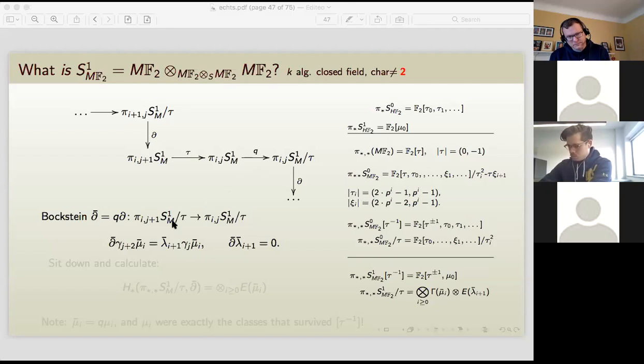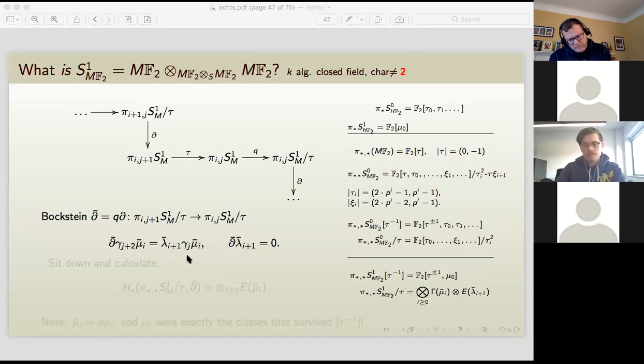We find that on the suspensions of the xi's, the Bockstein is 0, but on the divided power algebras of the suspensions of the taus, here the index of the divided power lessens by 2 at the price of multiplying with lambda I plus 1. So it's a very simple formula.